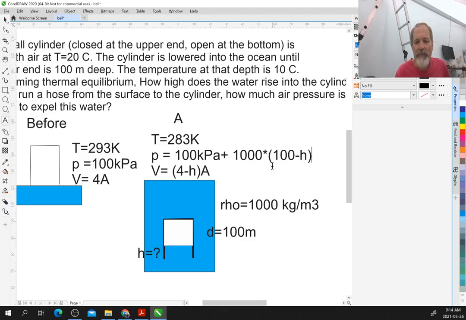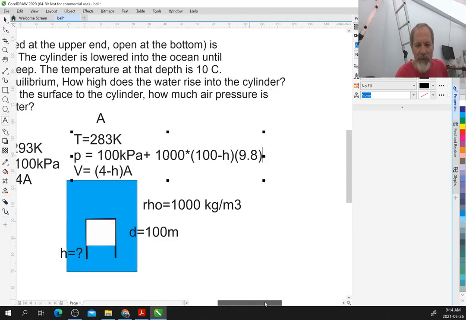It's a force, so there's a weight, so we have to have the 9.8 from gravity. So now I've got the final pressure as well, expressed in terms of H.